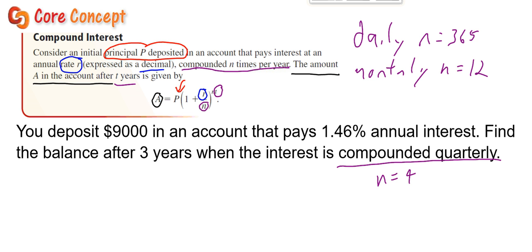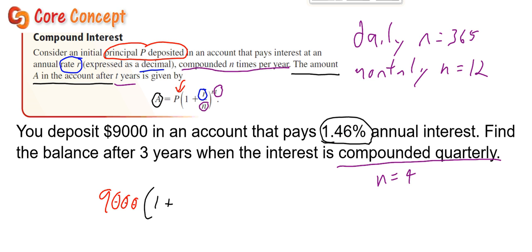Okay, so if we deposit $9,000 into our account, that is our principal. Then I have 1 plus my rate that the bank is giving me, which is 1.46% annual interest.